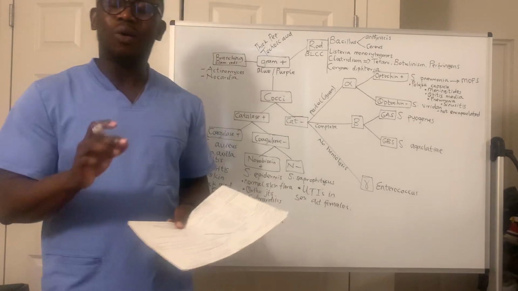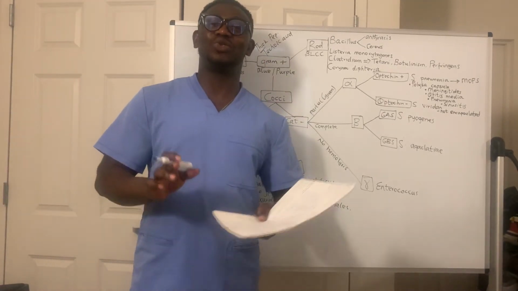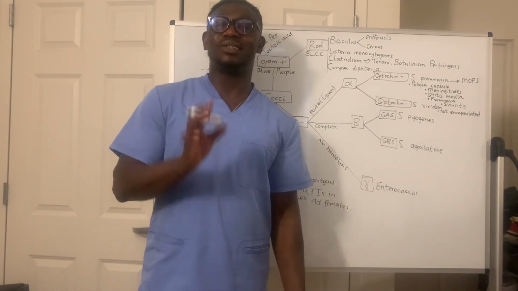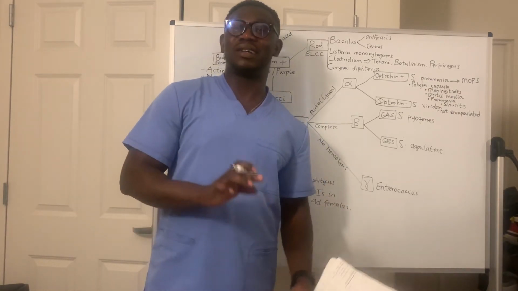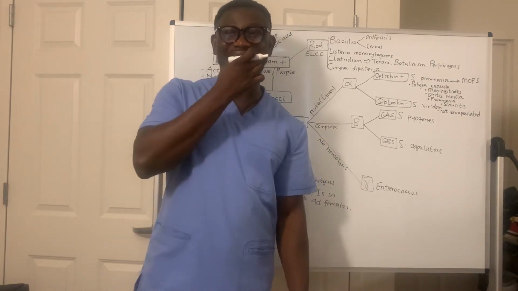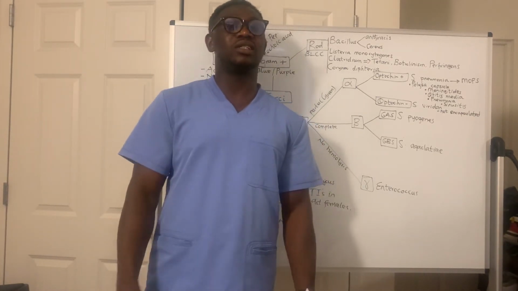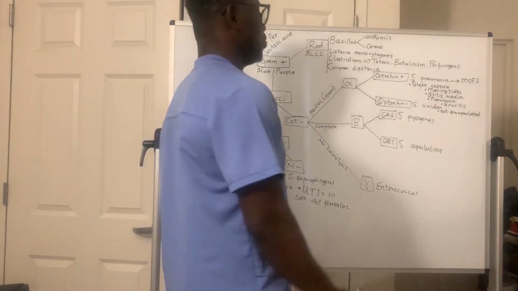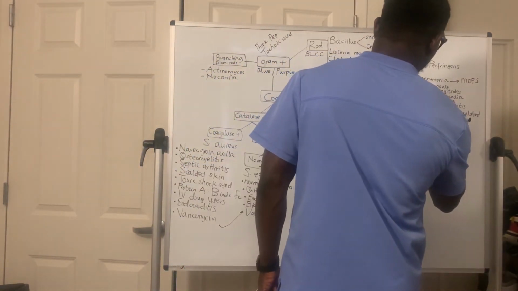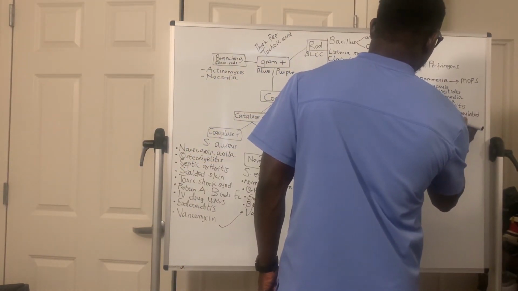The most common high yield point you need to know about the viridans group is dental caries. When you see a question with a bacterial infection and the person ends up with dental caries, think about Streptococcus viridans. Trust me.